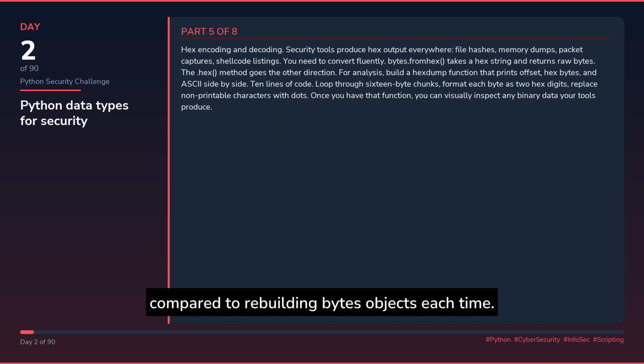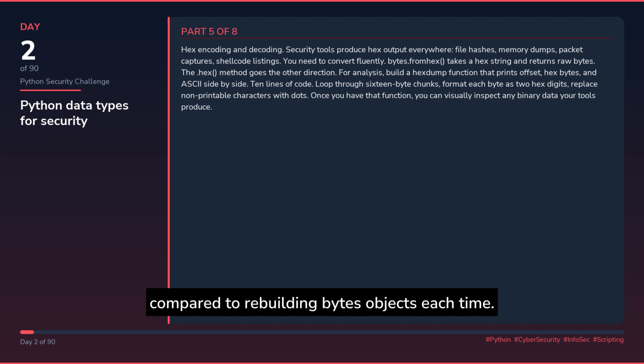Hex encoding and decoding. Security tools produce hex output everywhere: file hashes, memory dumps, packet captures, shellcode listings. You need to convert fluently. bytes.fromhex takes a hex string and returns raw bytes. The .hex method goes the other direction.